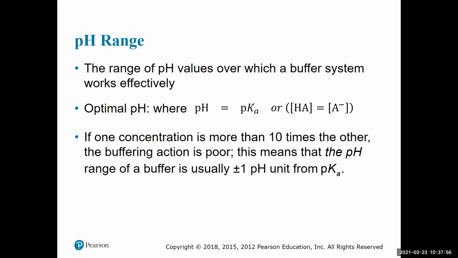So a lot of times when you're trying to figure out what buffer you would use for a system, you would go to the pKa tables and say, if I'm trying to maintain something at a particular pH, which pKa is closest to that pH? That's how you would choose the weak acid that you would use.